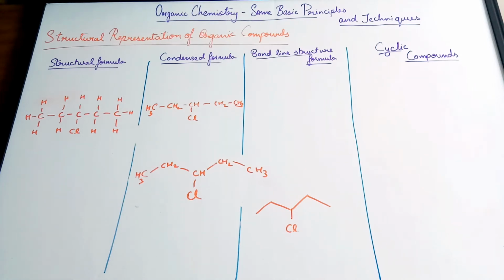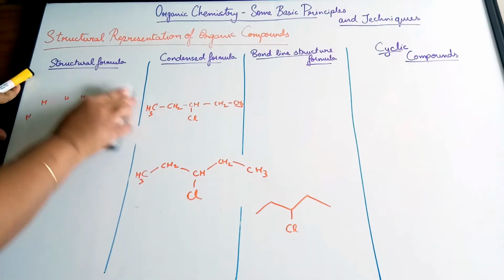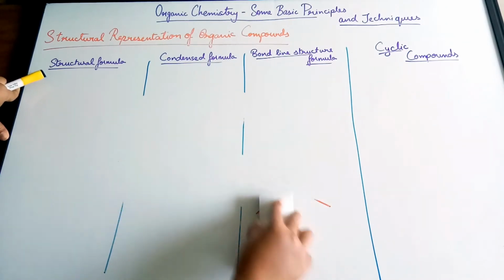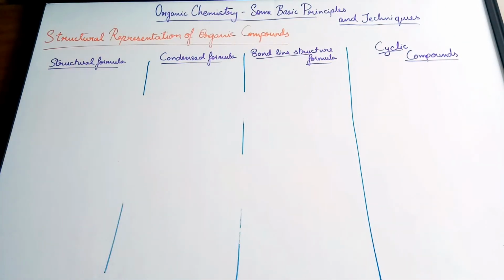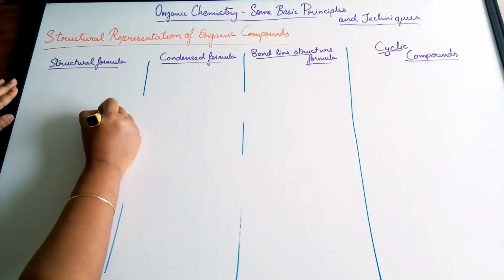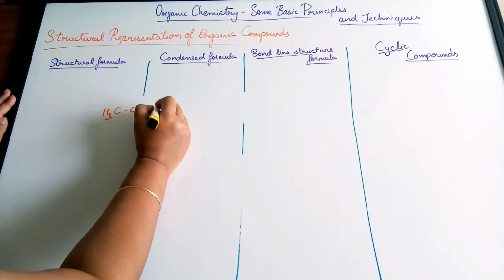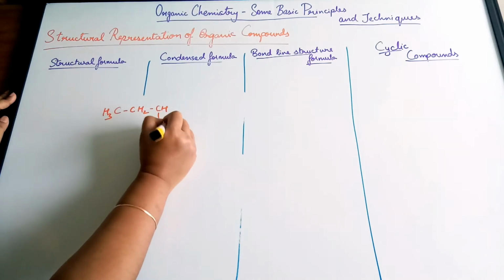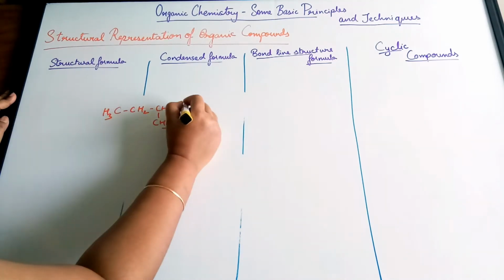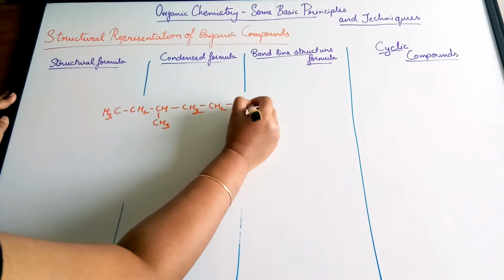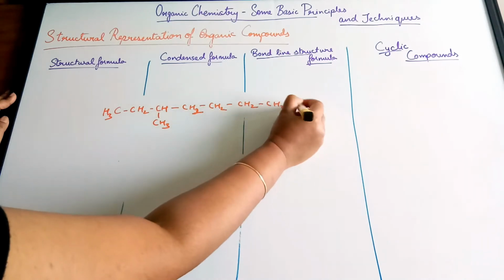Another example is 3-methyloctane. I am not going to write the structural formula for 3-methyloctane, but we will write the condensed and the bond line formula. So for 3-methyloctane, octane generally has 8 carbon atoms. So CH3, 1, 2, and the third carbon has the methyl group attached to it. 1, 2, 3, 4, 5, 6, 7, 8.